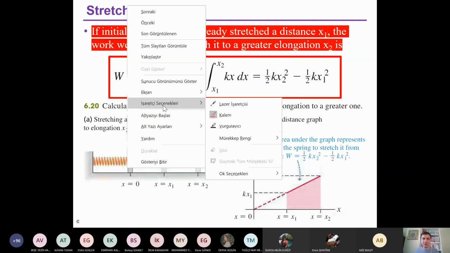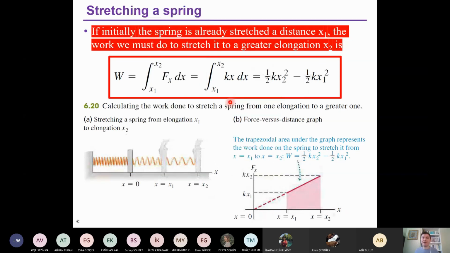Any other question? Okay, let me continue with another condition. Let's consider that at the beginning, the spring is stretched a little bit, and the initial position of the spring is here. X is equal to x1. And now, from this position to another position, I would like to further stretch the spring, okay? I would like to elongate it.